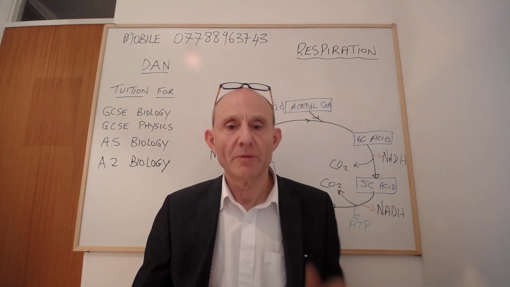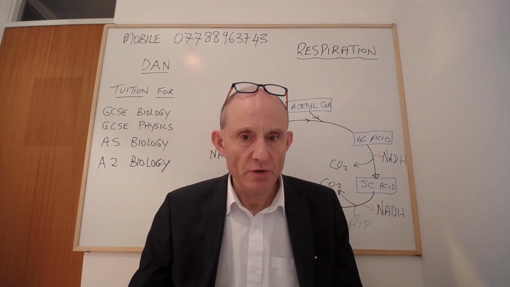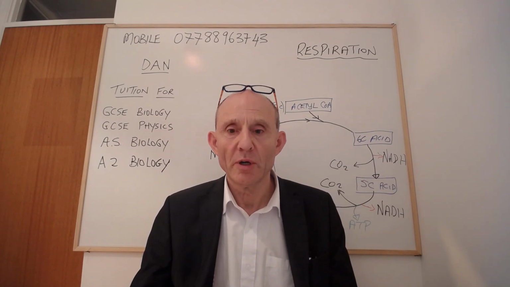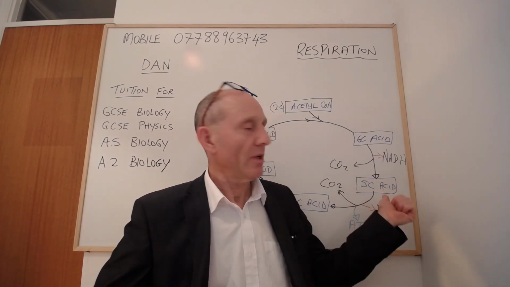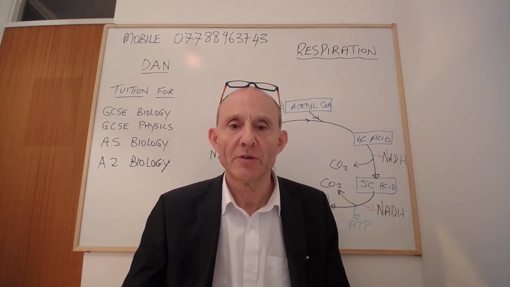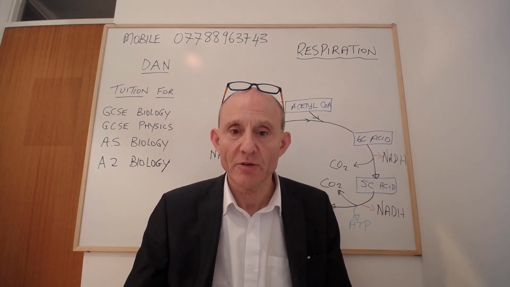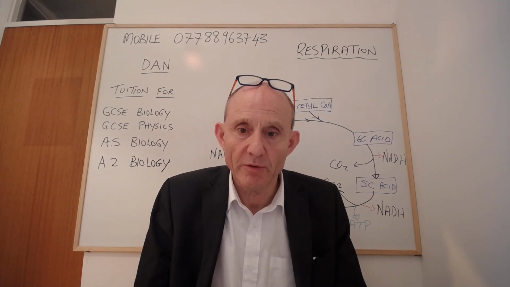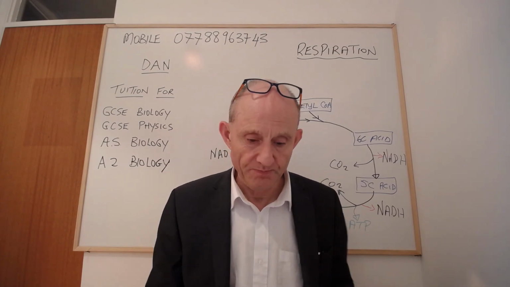So in general, you don't get asked to reproduce glycolysis or the link reaction or the Krebs cycle, but you have to understand. You have to know where certain molecules are released, like carbon dioxide and hydrogens, and who picks up those hydrogens, and where they go to.